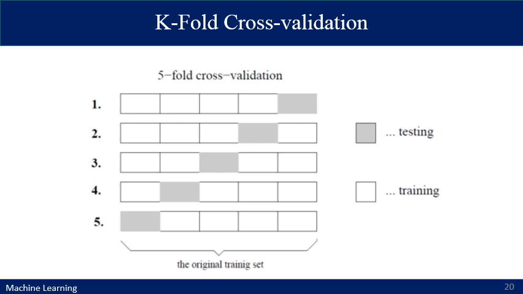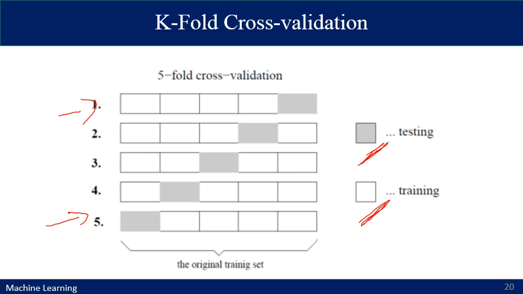So you have to make five different copies of the same training data, represented from 1 to 5, and in each copy you use 80% of the data for training and 20% for testing, which is marked in the shaded area. However, you use a different set of testing data for each fold.